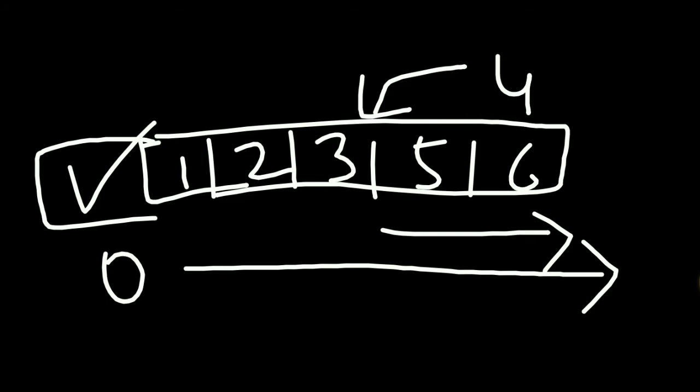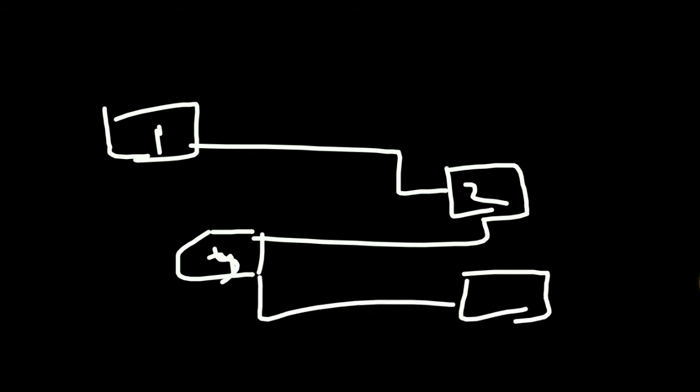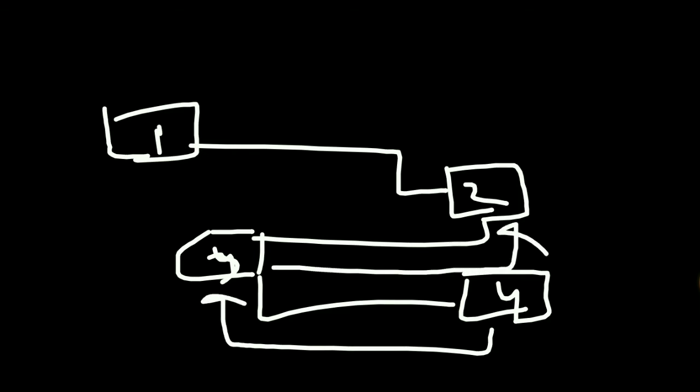But in a doubly linked list, you have a list 1, 2 in different memory locations, 3 and 4, and connected back, and you want to insert an element in the beginning of the linked list.